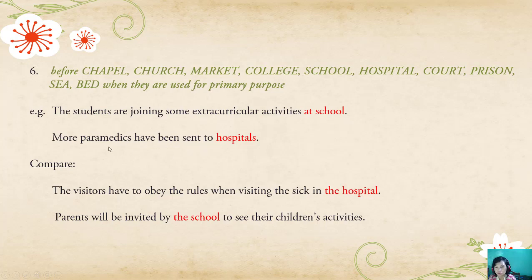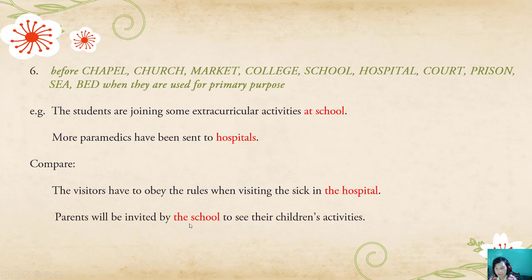Paramedics belong to anyone who should work in the hospitals. So we have zero articles, but compare: the visitors have to obey the rules when visiting the sick in the hospital. In the hospital, we use the here because this is for visitors. Visitors don't belong to the hospital.